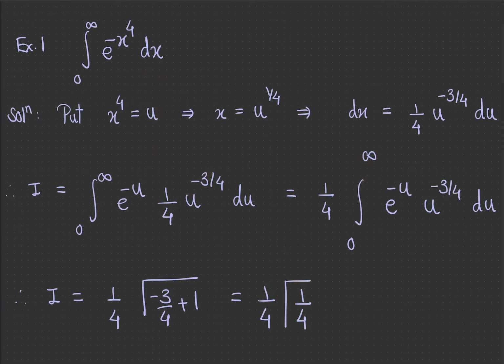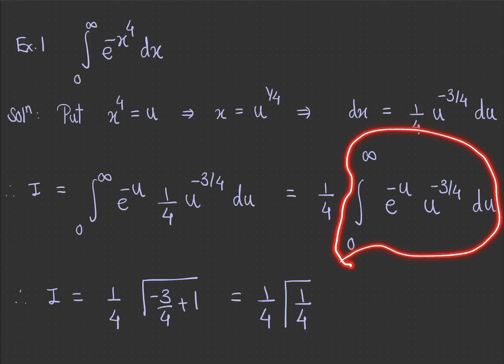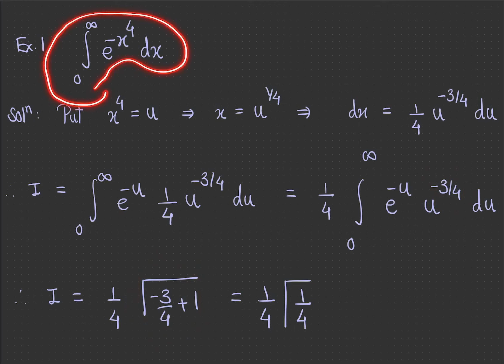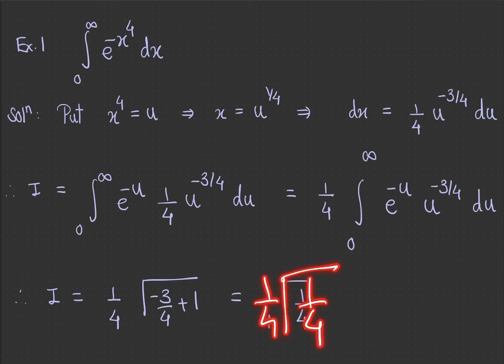So here this integration is equal to gamma of minus 3 by 4 plus 1, and minus 3 by 4 plus 1 is 1 by 4. So the value of this integral is equal to 1 by 4 gamma 1 by 4.